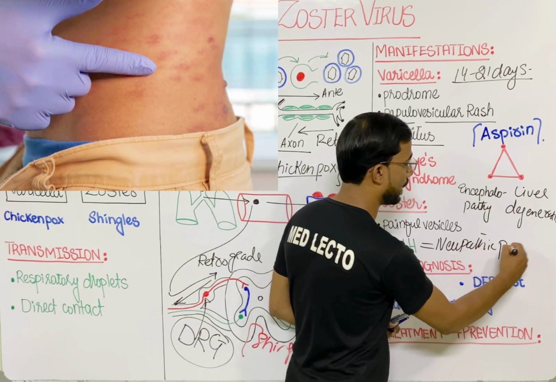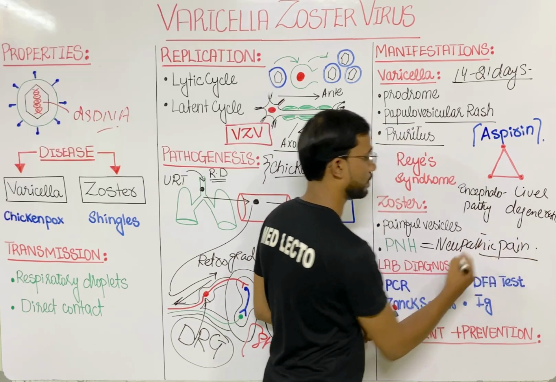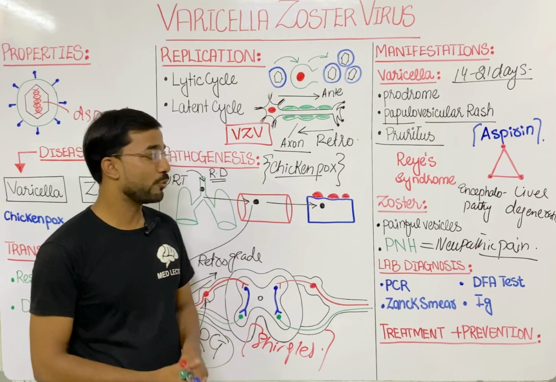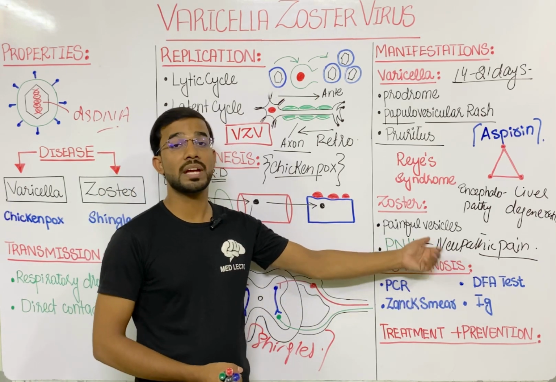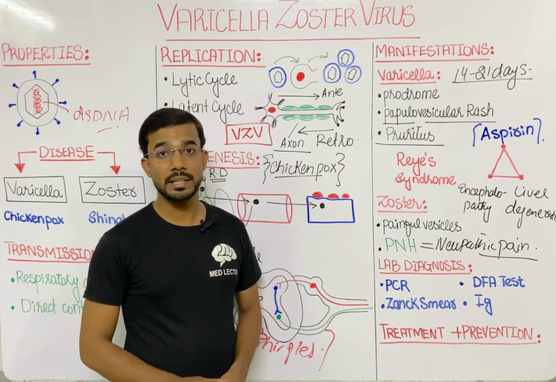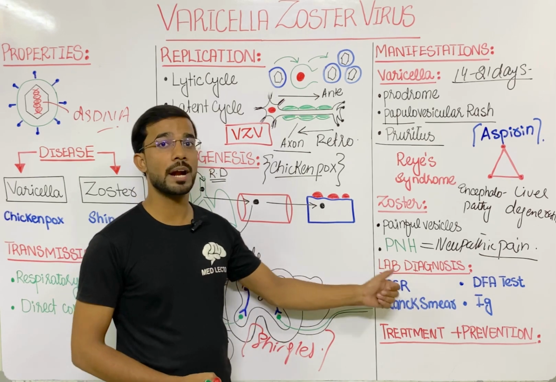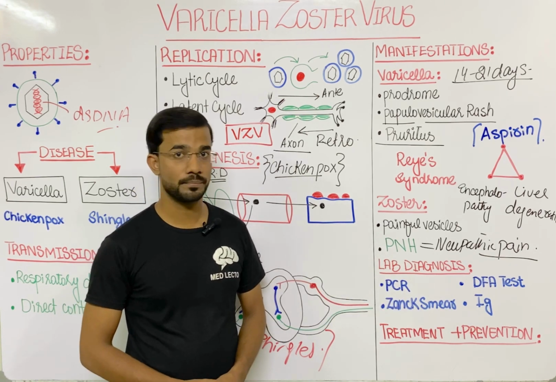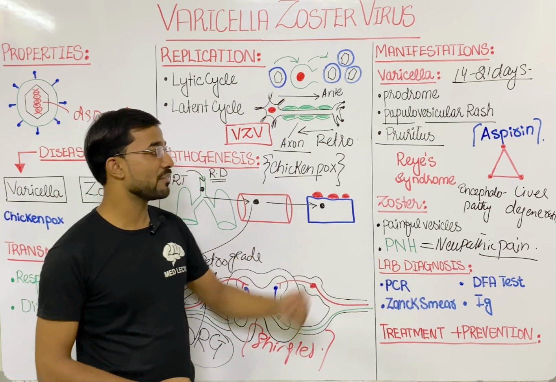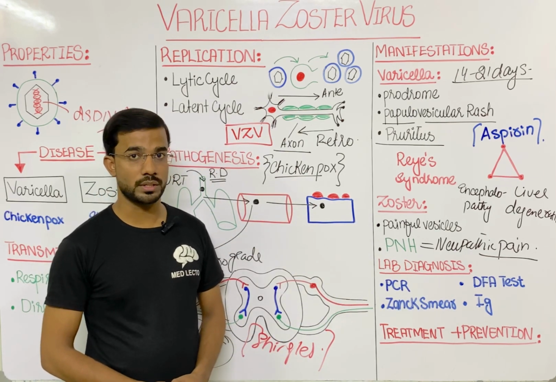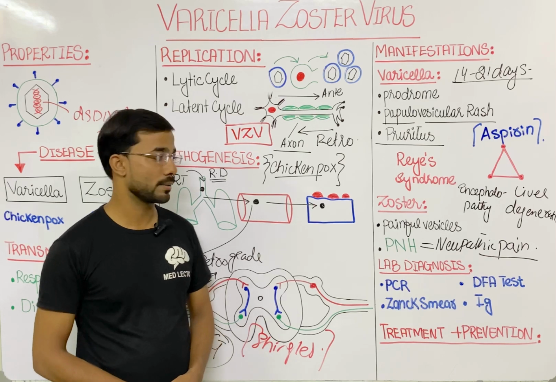For the treatment of the neuropathic pain, you can give gabapentin or lidocaine patches for postherpetic neuralgia. These are basically the manifestations of zoster, or you can say shingles.